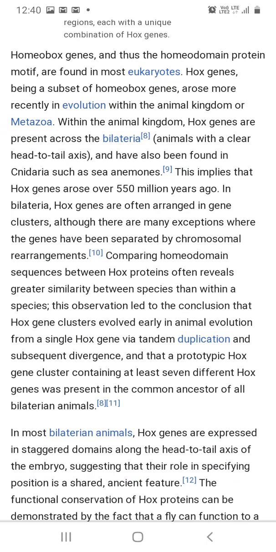Such an animal, the Urbilaterian ancestor, had neither a bony endoskeleton, a deuterostome trait, nor a hard exoskeleton, a character of ecdysozoans.